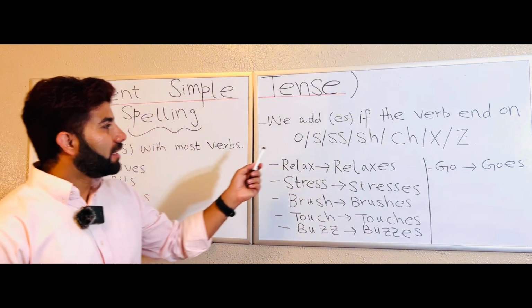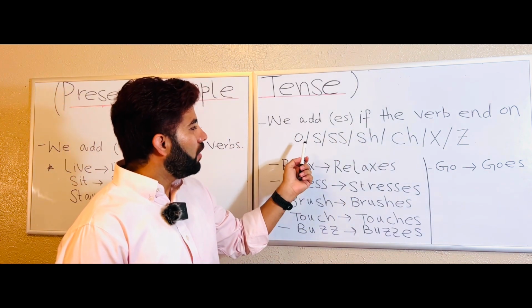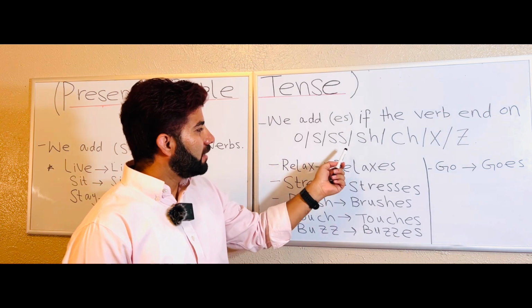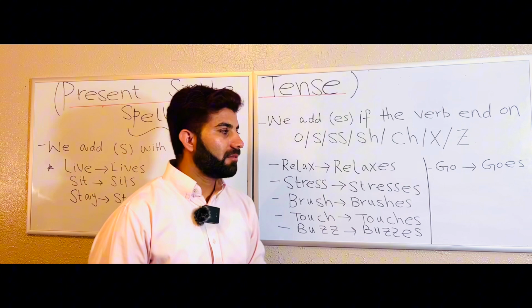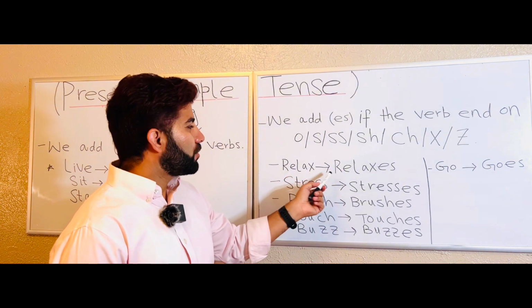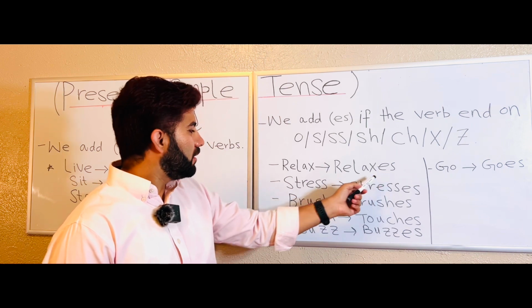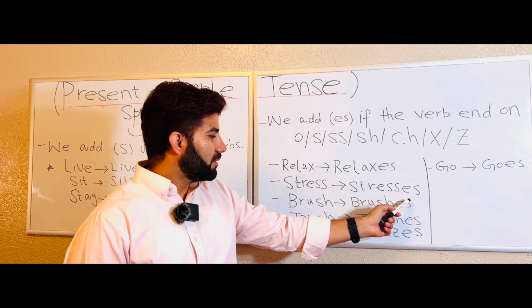And we add es if the verb ends in o, s, ss, sh, ch, x, and z. For example, relax is ending in x, so we add es. Stress is ending in ss, we add es.